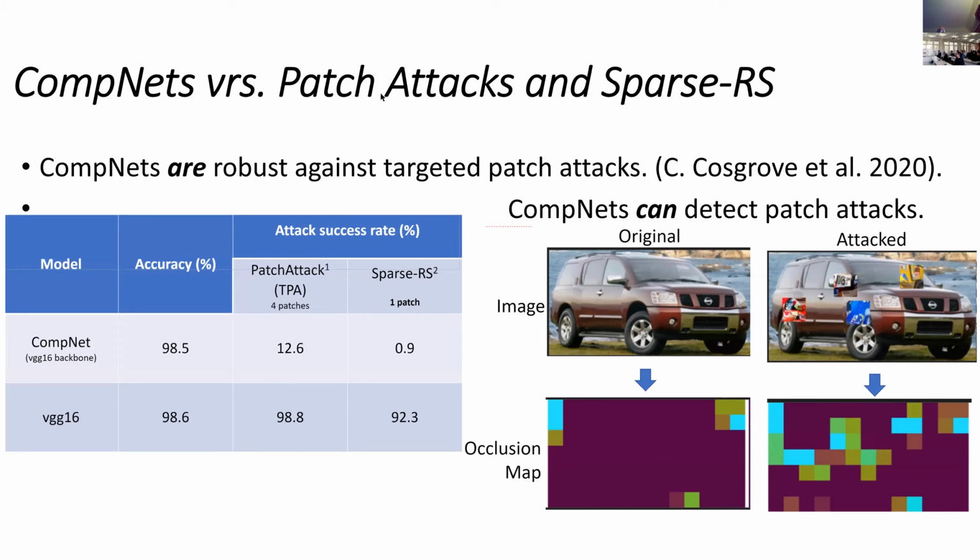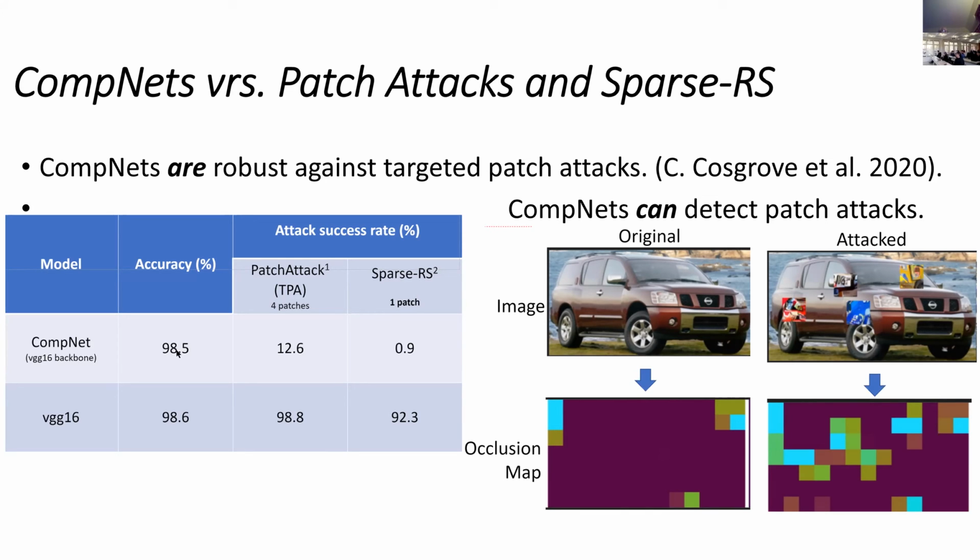Because if you remember, the patch attacks were very effective on deep networks. So how effective will they be on comp nets? If you look over here, the model is comp nets with a VGG backbone, and here is VGG 16.